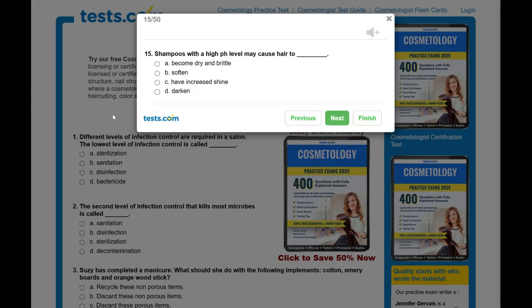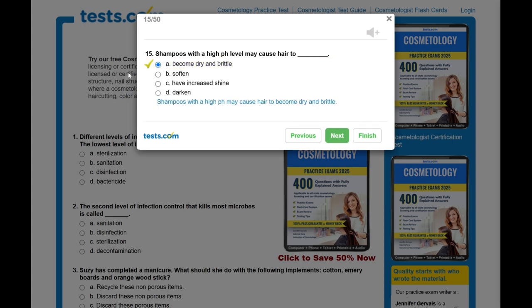Question 15. Shampoos with a high pH level may cause hair to A. Become dry and brittle. B. Soften. C. Have increased shine. D. Darken. A. Become dry and brittle. Shampoos with a high pH may cause hair to become dry and brittle.